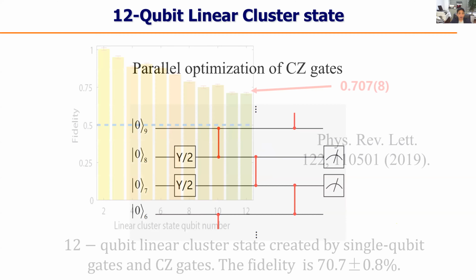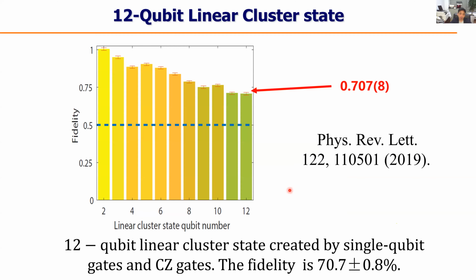In fact, we finally have 12 qubit entanglement with a fidelity higher than 70%, higher than the fidelity of the 10 qubit, which is about 56%. So here we increase the number of qubits, and also the fidelity is higher than 70%.